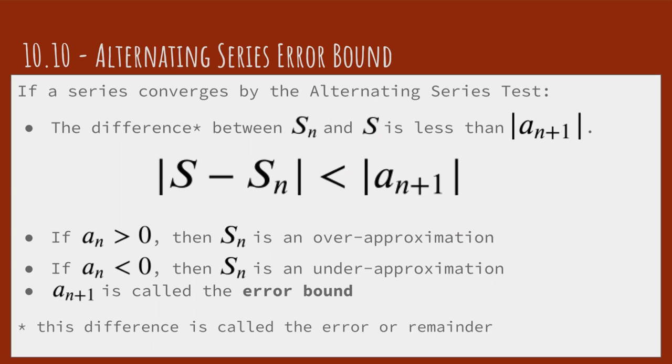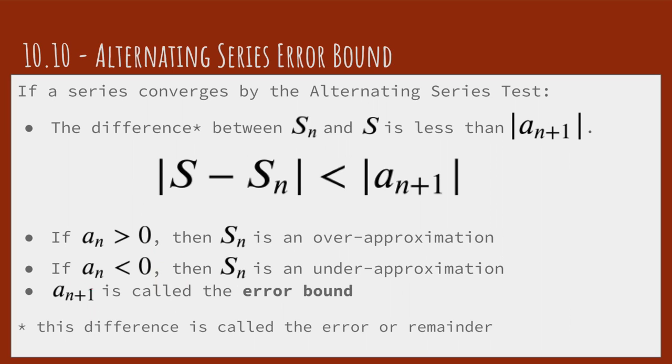Not only that, but we know that if the last term we added on was positive, then the partial sum that we're dealing with is going to be a little bit too big, because every time we add a term or subtract a term, we're jumping past it. So when we add a term, we're a little bit too big. If we add a negative term, then we're going to be a little bit too small.